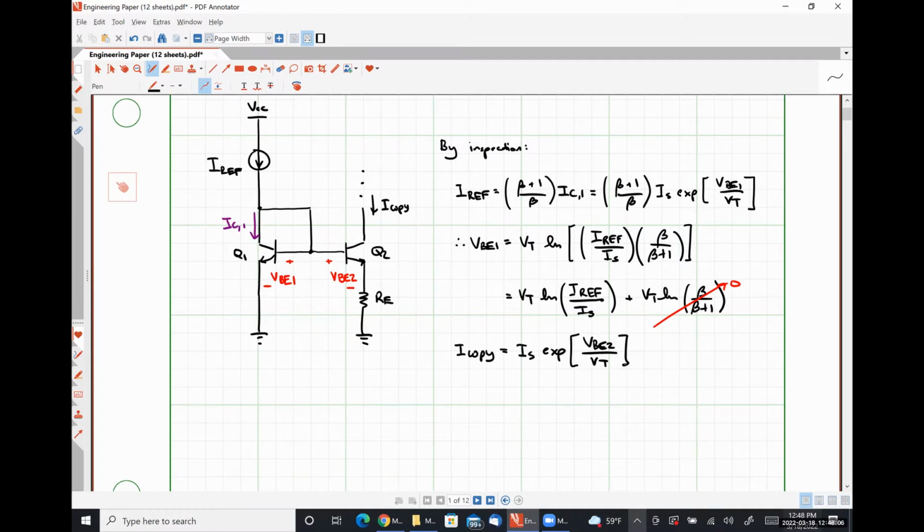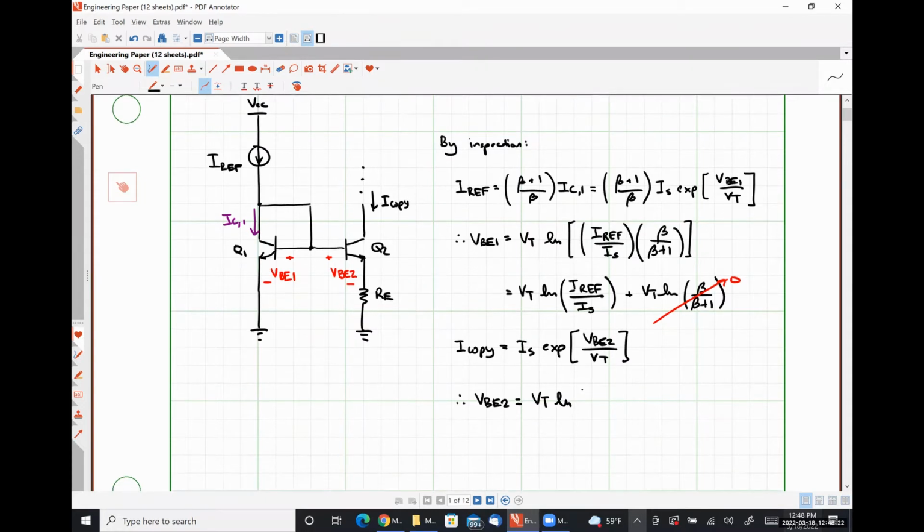Okay. Rearranging this guy, we find that VBE2 is VT times the natural logarithm of I copy over IS.